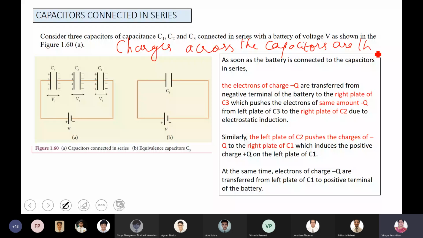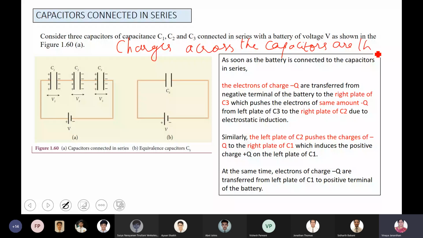What is the general formula, boys? Q is equal to CV, or V is equal to Q upon C. So what is the voltage across capacitor 1? The charges are the same, so I can write Q by C1. V2 is Q by C2. V3 is Q by C3. Let this equation be equation 1.